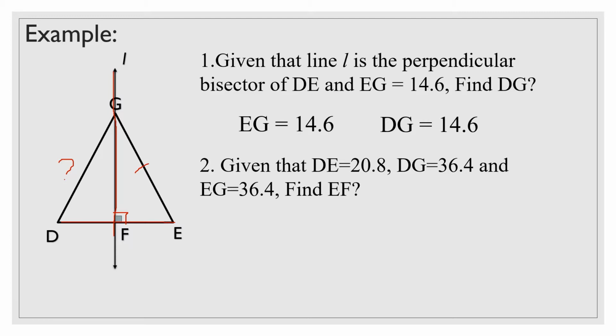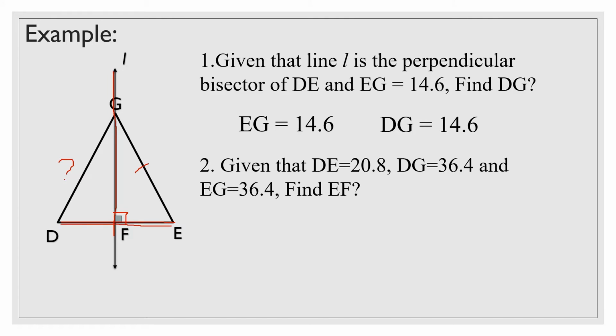Now, for number 2, if DE is equivalent to 20.8 and we have DG is equal to 36.4 and EG is 36.4, we will find EF. Okay, so ang given natin dito which is related to EF ay yung DE, yung kabuuan nito.